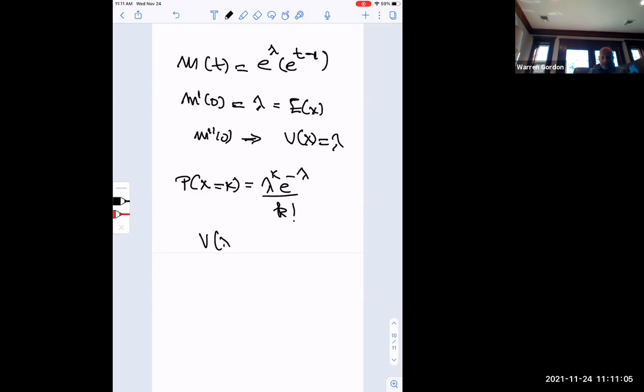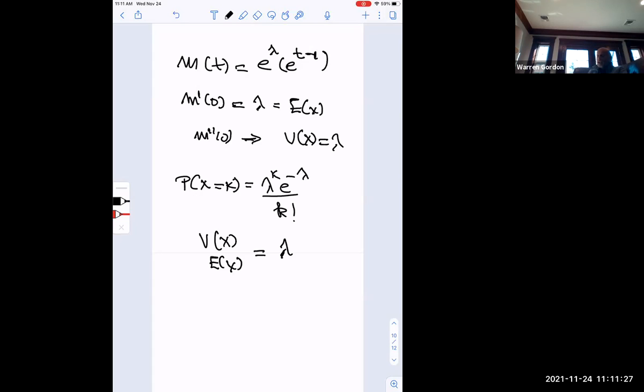V of X and E of X are both equal to lambda, and that comes from the moment generating function. So we have a pretty interesting result.